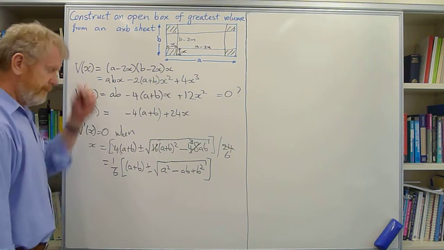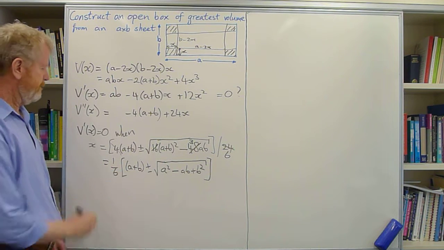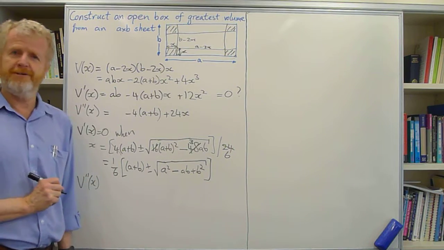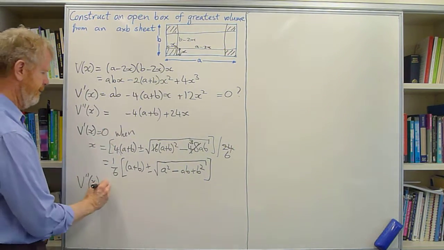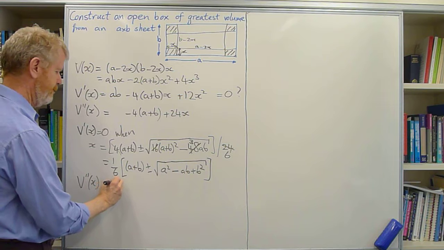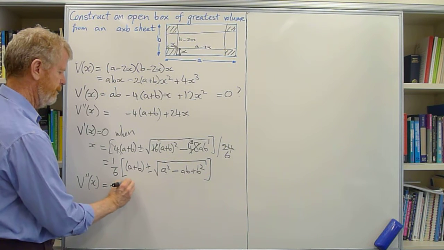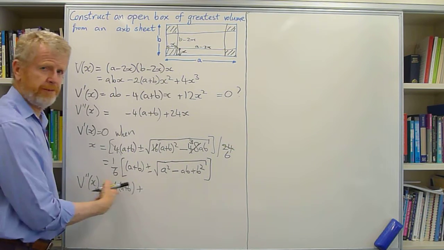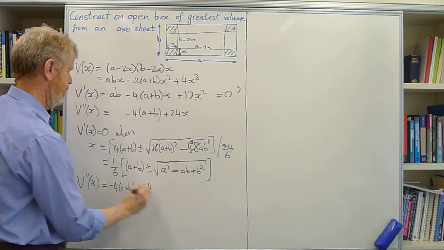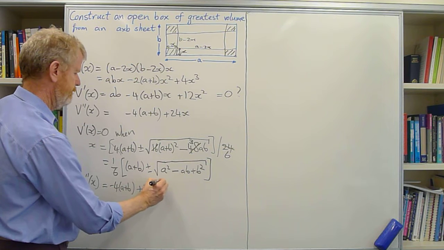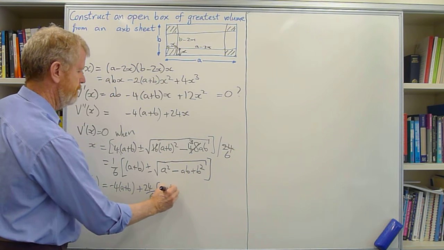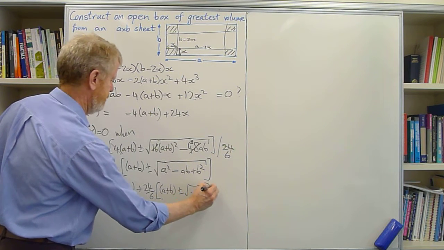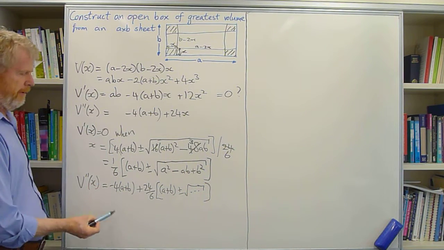So there's two cases. One's a minimum and one's a maximum. Which is which? We'll get by looking at the second derivative. The second derivative is minus 4(a plus b) plus 24 times x, which is this expression. So 24 divided by 6 into a plus b plus or minus the square root, which I won't write out in full.